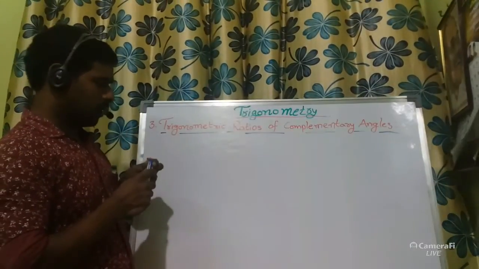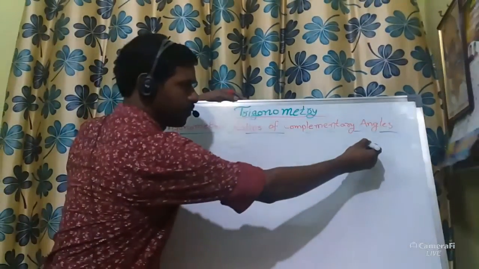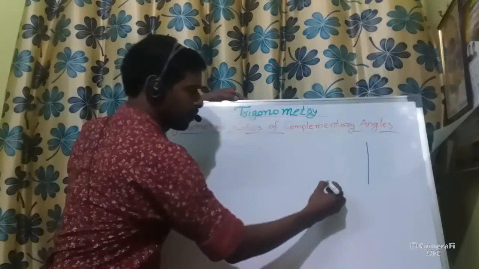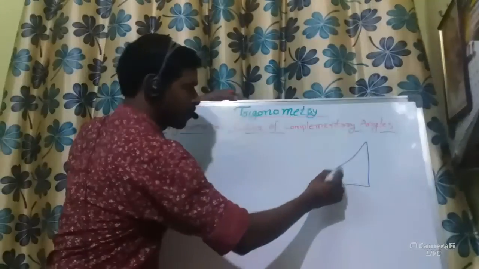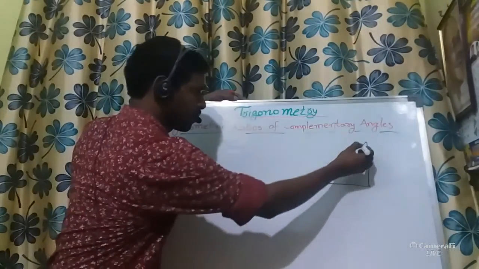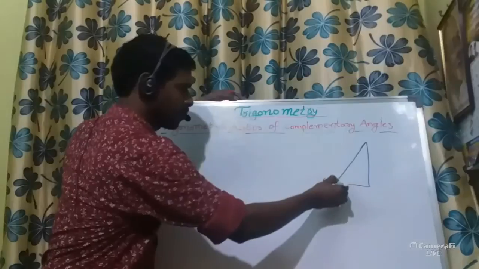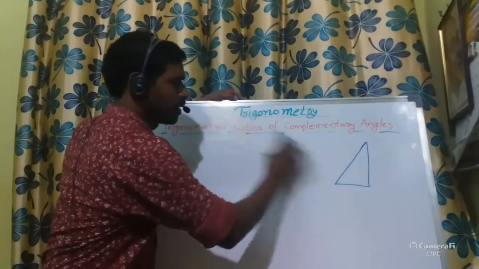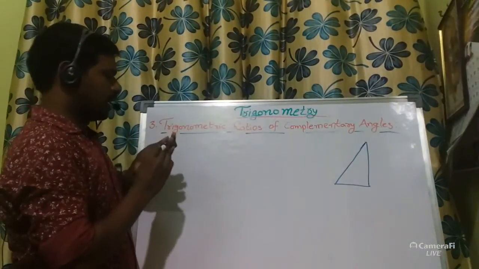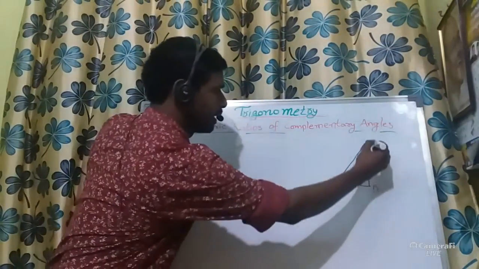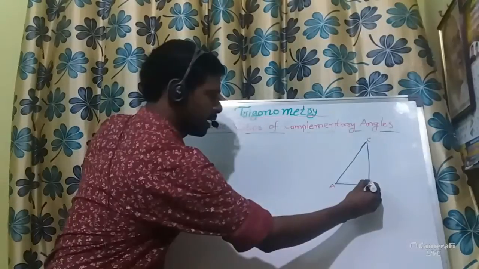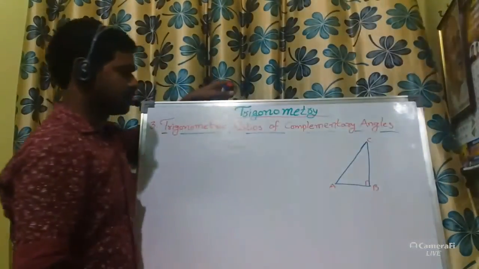Now take a right angle triangle. It is a triangle ABC, and at B is a right angle.